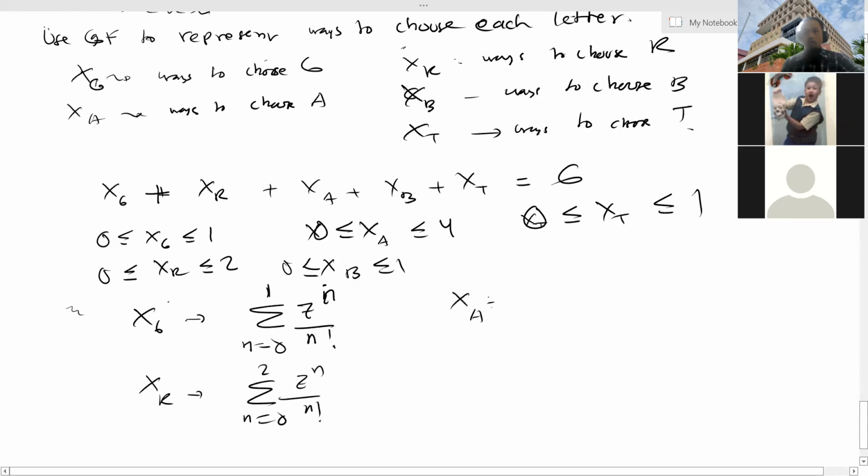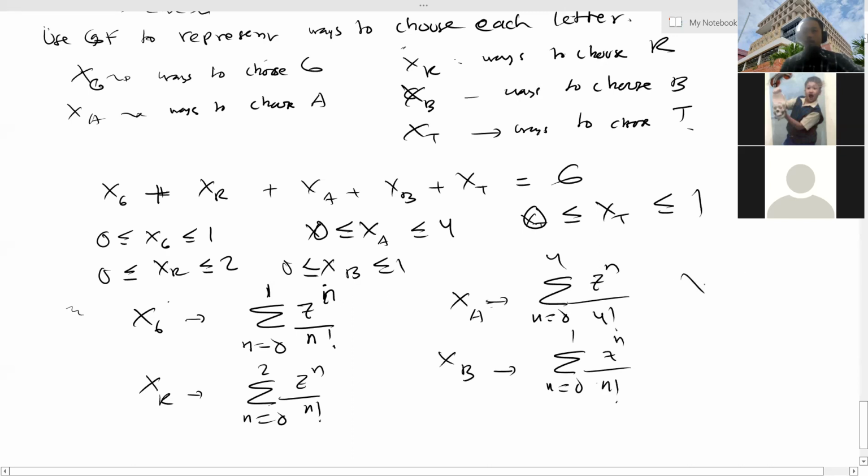XA is the sum of n from 0 to 4 of z to the power of n over n factorial.